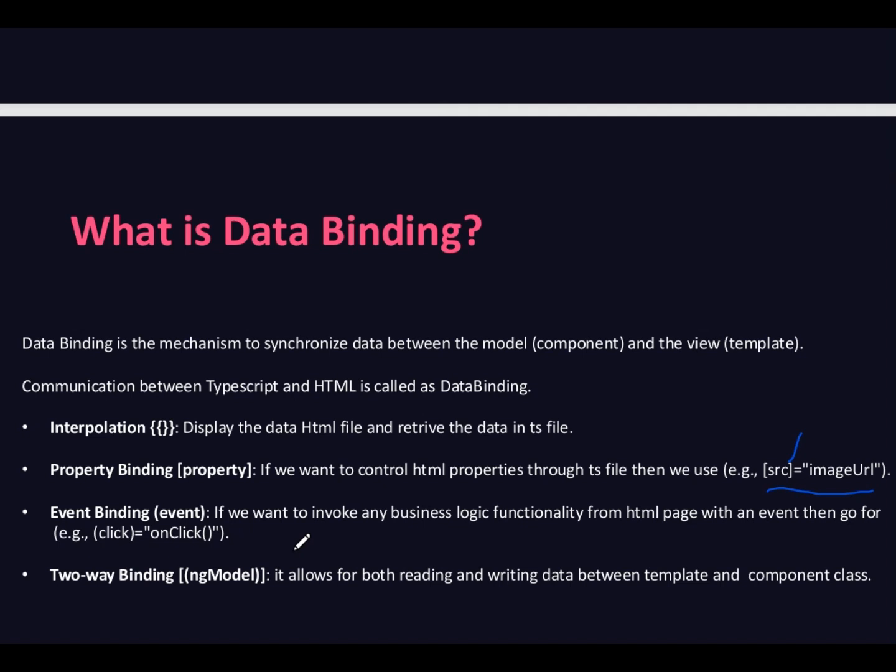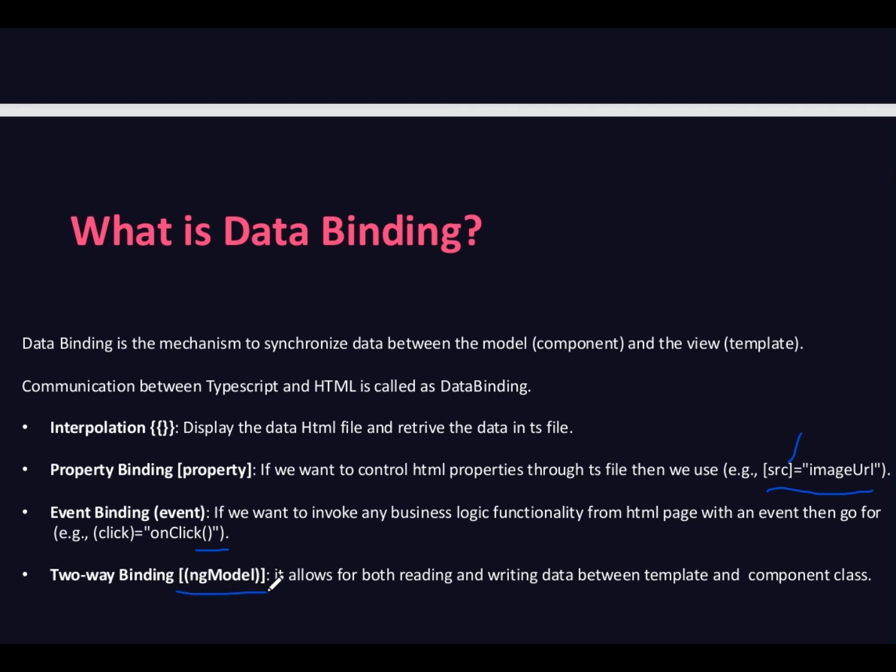Third one is event binding. It is for invoking the main business logic: click event, submit event. When we click or submit, the function is called. That type of event binding we use. Fourth one is two-way data binding.